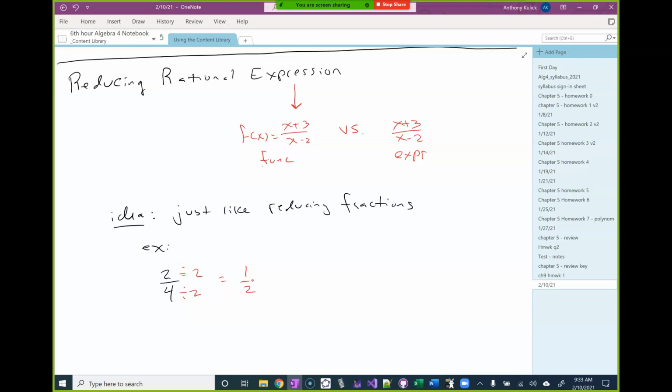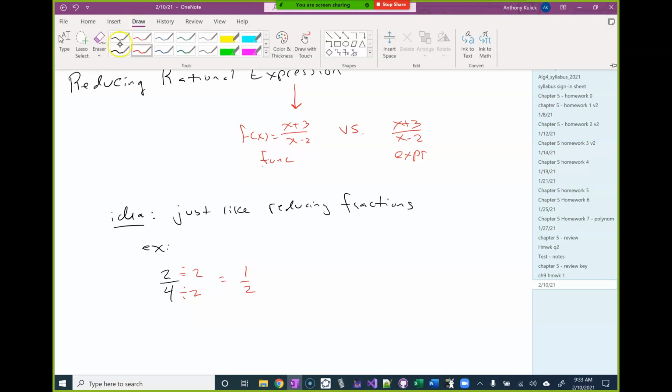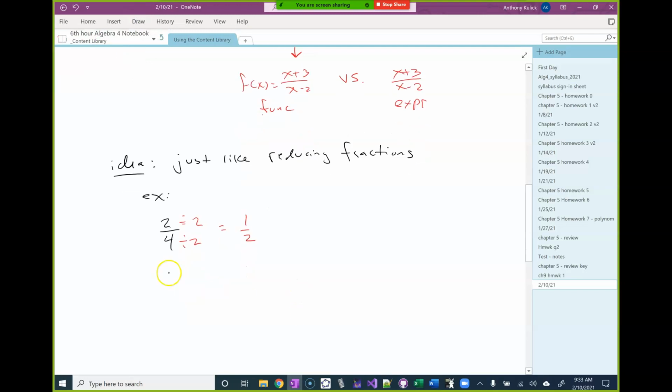So there's another equivalent way of thinking about reducing a fraction that I'm sure you talked about in your elementary or middle school classes. We can think about this by factoring the numerator and denominator. 2 is already prime, so there's no factoring there.